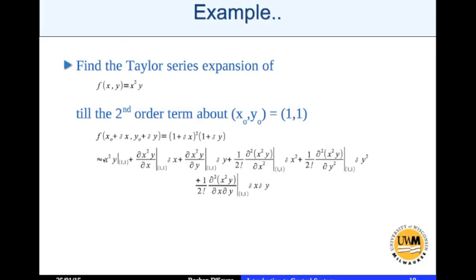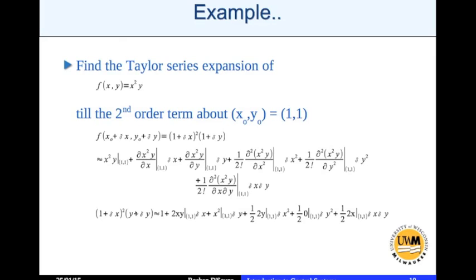Now that is nearly equal to f of x y evaluated at the operating point 1 1, plus the partial of f with respect to x evaluated at 1 1 times delta x, plus the partial of f with respect to y evaluated at 1 1 times delta y, and all these second order terms as we showed before.